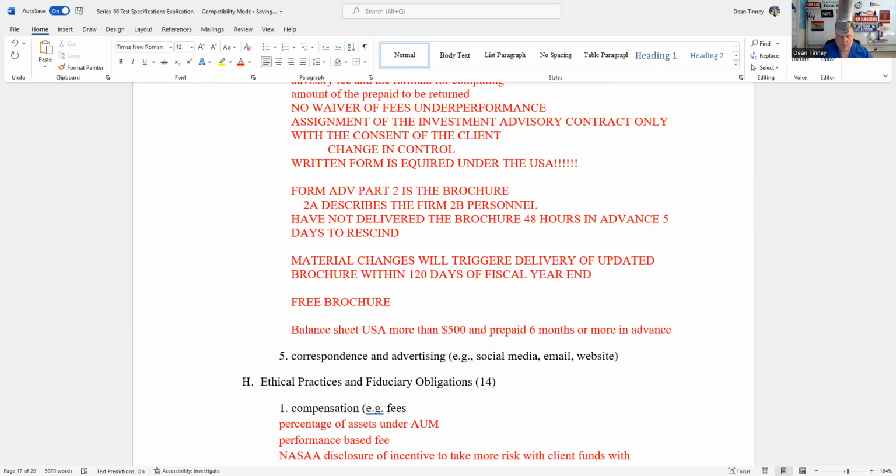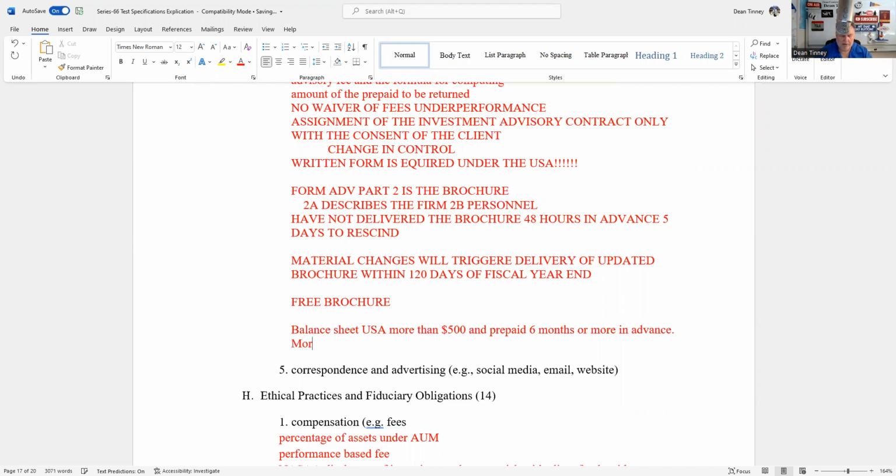And again, I would like you to know everything, but the state is more important than the feds. And for the feds, that'll be more than $1,200 under the Investment Advisers Act of 40.